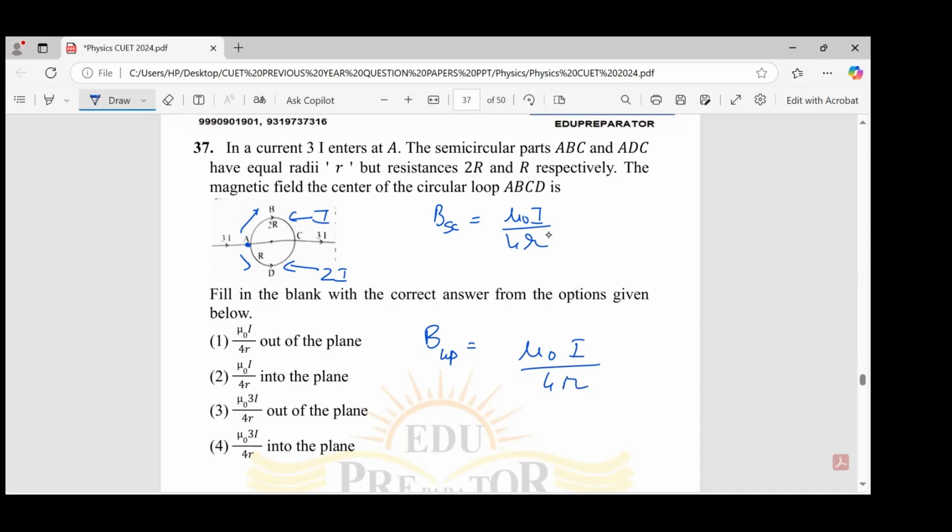So this magnetic field will be into the plane, and magnetic field due to the down portion will be equal to mu naught into 2I upon 4R, which is out.